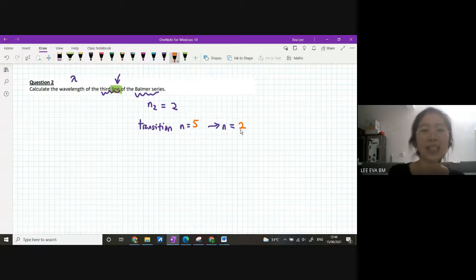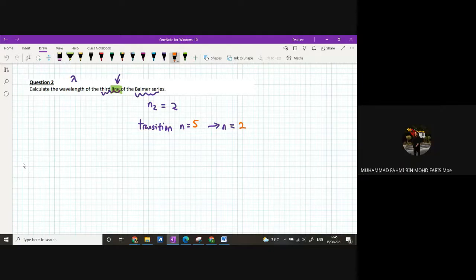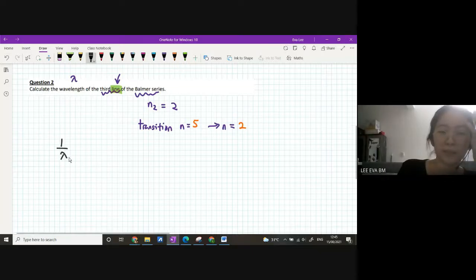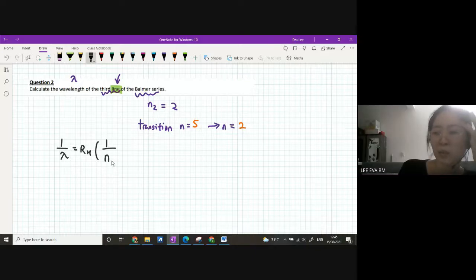Okay, so here we repeat the formula we applied just now. We have wavelength, and then energy level 1 and energy level 2, so which formula are we going to apply for this question? The formula with 1 over lambda. 1 over lambda equals the Rydberg constant, R_H. And remember, our values of n1 and n2 must be written.